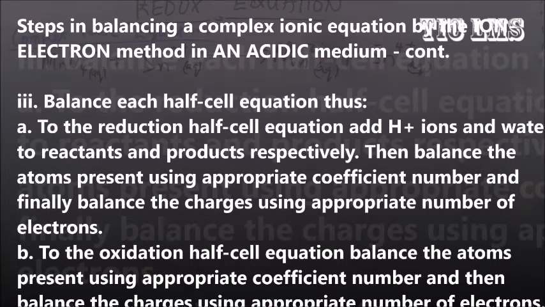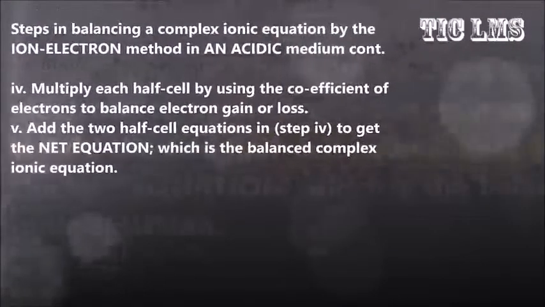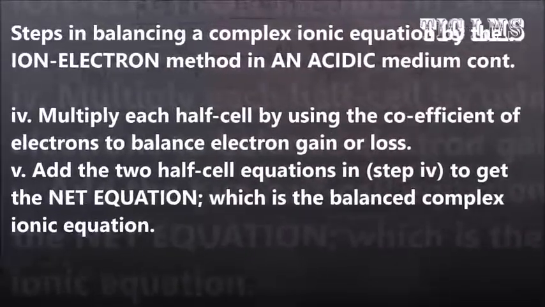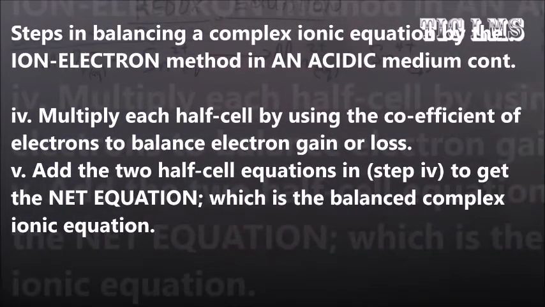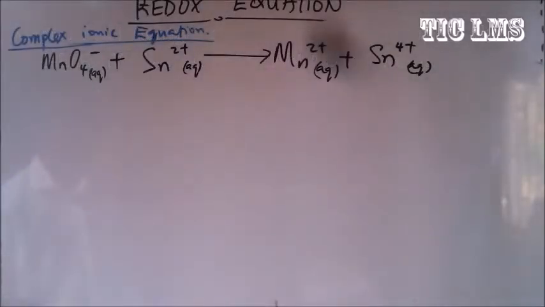And then to the oxidation half-cell equation, we balance the atoms present using appropriate coefficients, and then balance the charges using the appropriate number of electrons. And then the fourth step is to multiply each half-cell by the coefficient of electrons to balance the electron gain or loss. And lastly, we add the two half-cell equations to get a net equation. And don't forget that the electrons will cancel out.